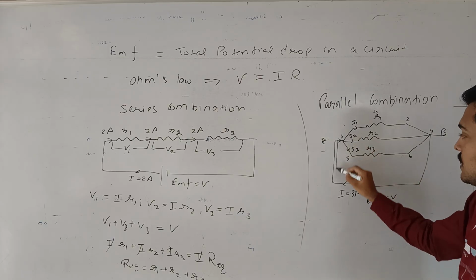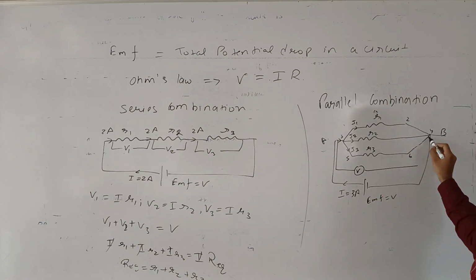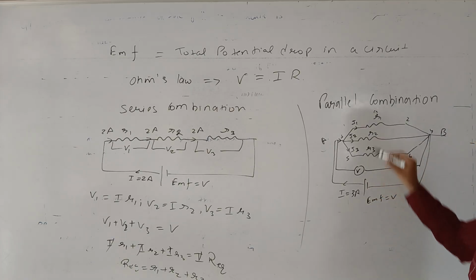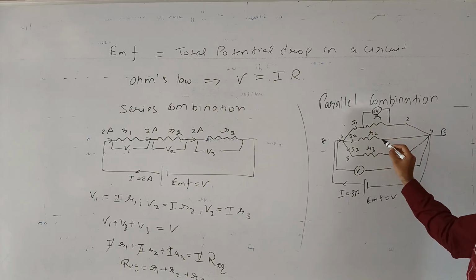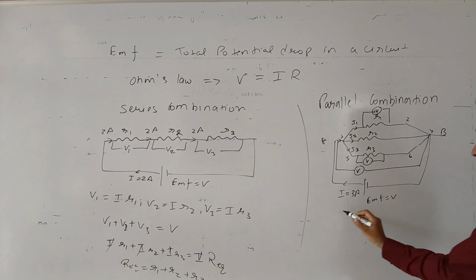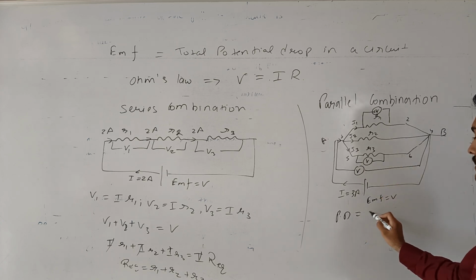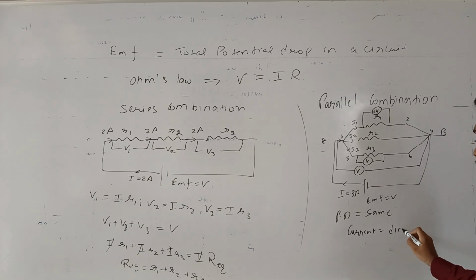So here it is V, in the second resistance also V, and in the third resistance also V. So potential difference is the same and current is divided.